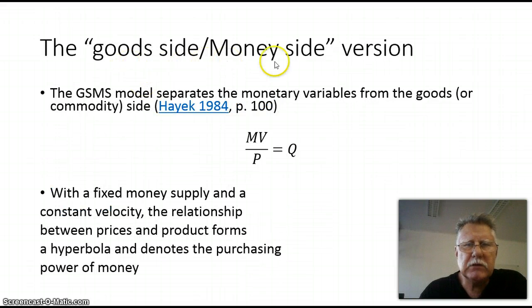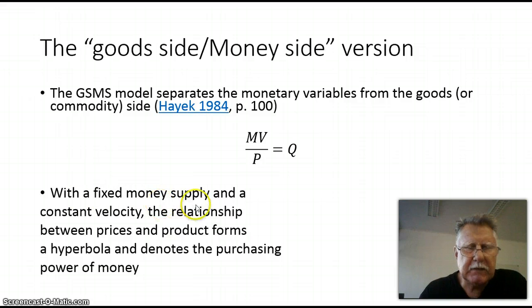I use the good side, money side version. It actually goes back to a statement by Hayek. So please don't confound it with the good side, money side of the ISLM model.